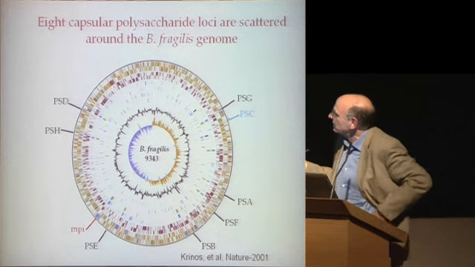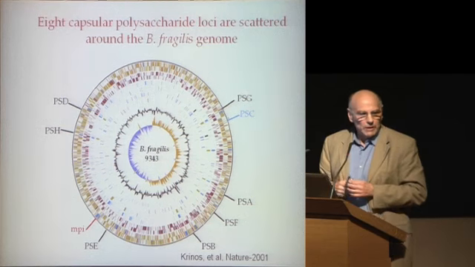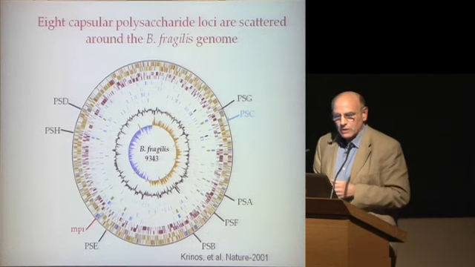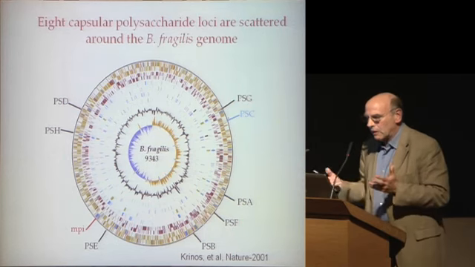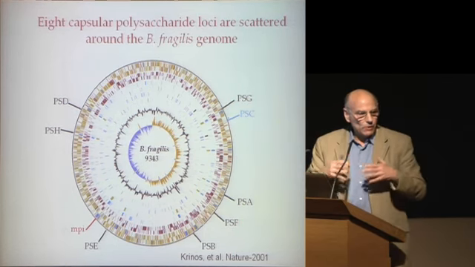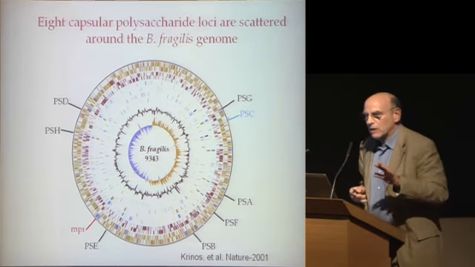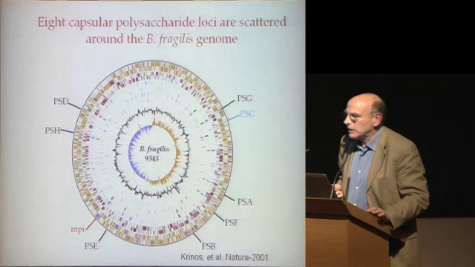As you can see on this genome map, most organisms that we know about make a single capsular polysaccharide, yet this organism had 8. It appears that this motif now of multiple capsular polysaccharide production is actually quite common in the Bacteroides of the human gut.